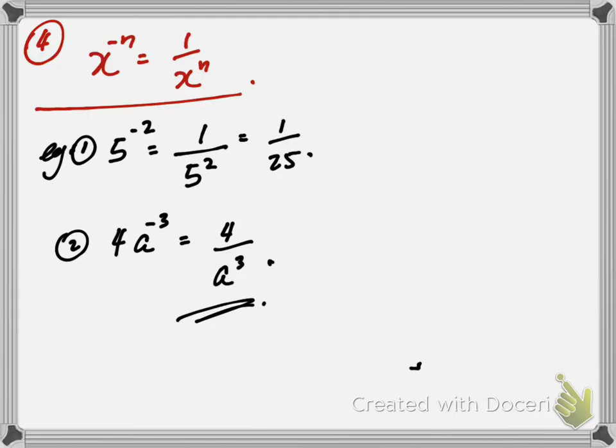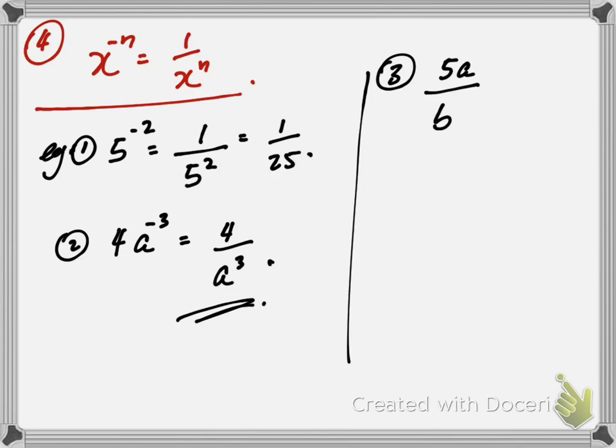You can flip this. How about if you have a negative in the denominator? Okay, so let's have a look. So for example, if you've got, let's say, 5i to the power minus 2 over b to the power minus 6.